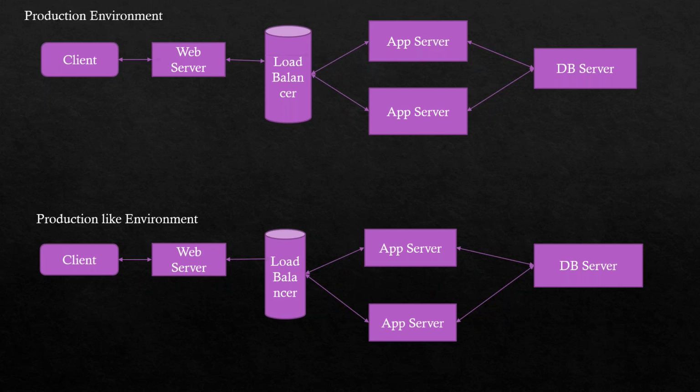Why? Because whatever performance testing we do should be similar to your production environment. Only then can we tell the client that I have tested your application with, say, 100 users and your application is working fine, with all these conditions applicable.